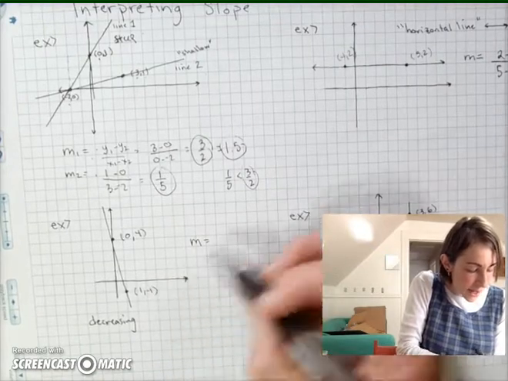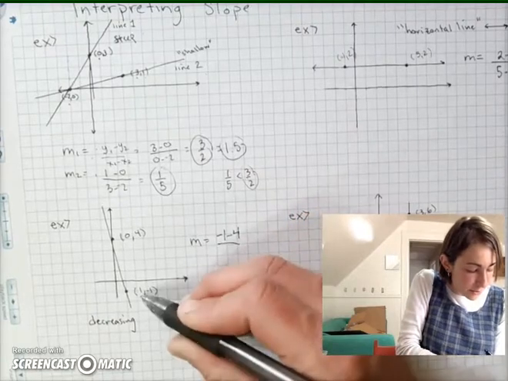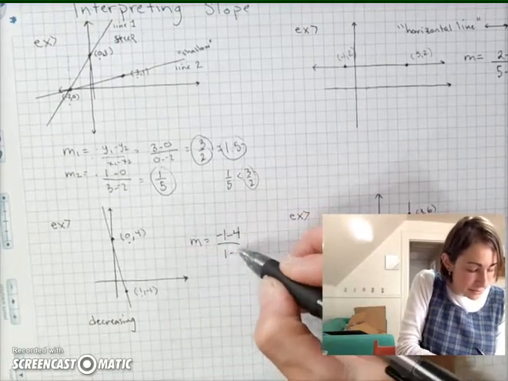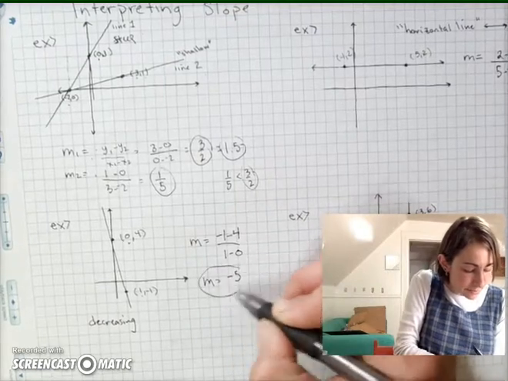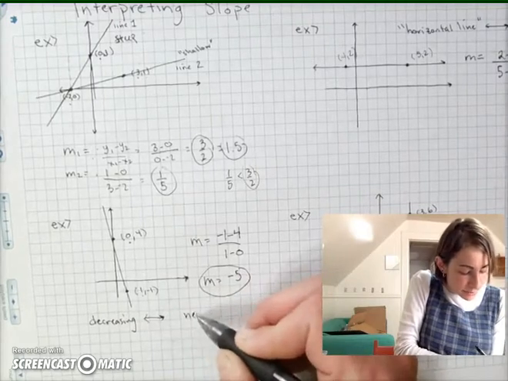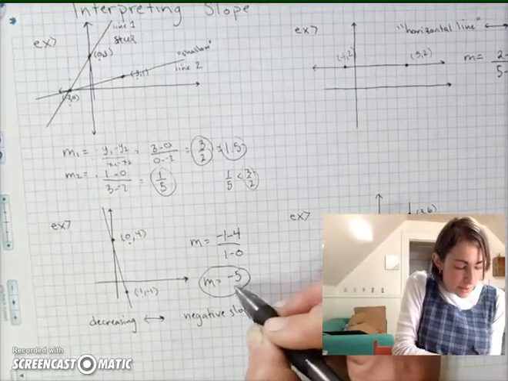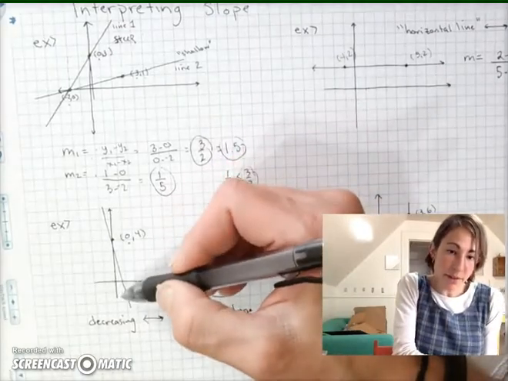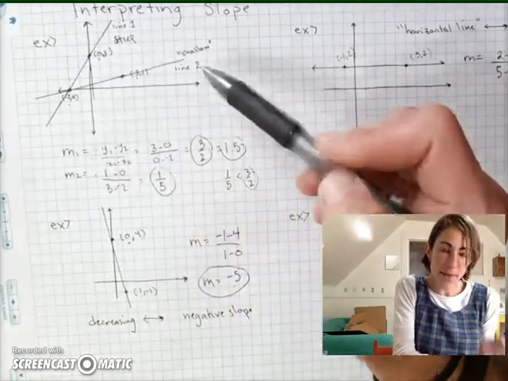So the change in the y's will be -1 minus 4 over 1 minus 0. So the slope will be -5. Decreasing is the same as negative slope. When the slope is negative, we're going down. When the slope is positive, like in these cases, we're going uphill as we go to the right.